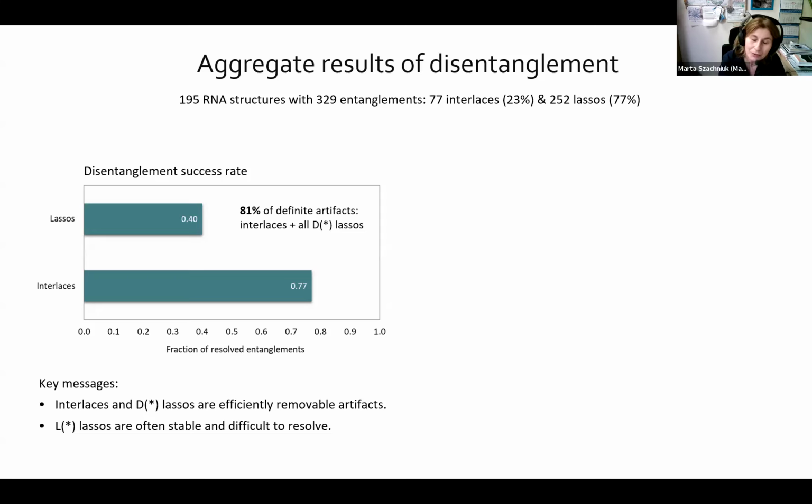So we also tried to find out whether the artifacts that were not disentangled were those that we considered as really problematic as artifacts of modeling. And well, what we found was that over 80% of definite artifacts could be disentangled with the procedure.